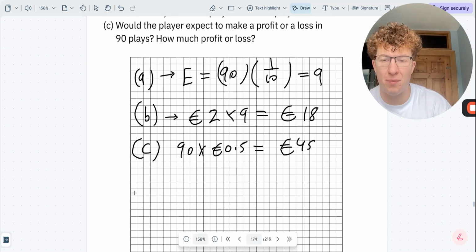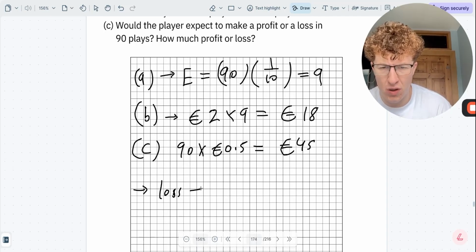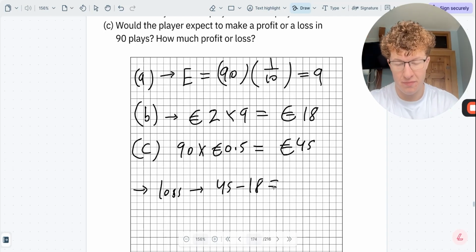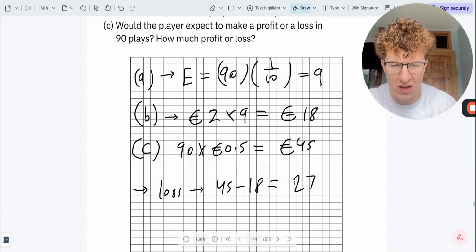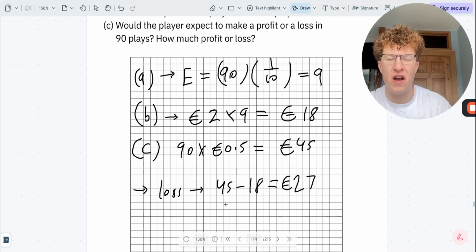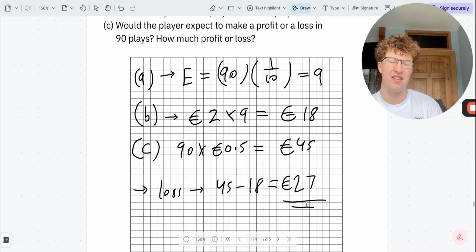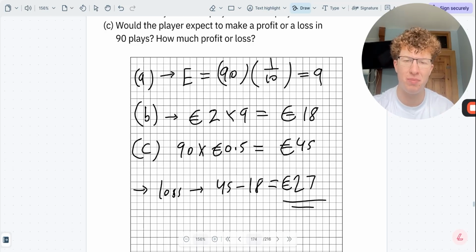So that would end up being a loss, because if we do 45 minus 18, that's going to be €27. So they paid €45, but they got 18 back. So they lost €27 in this game. So this isn't a fair game. They shouldn't have played this game.